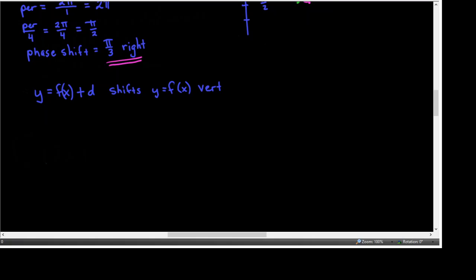And if you think about it, that makes sense, because you're getting the output for your function and then adding something to it. So you're adding to the y value that f of x would have given you. So if you add to the y value with a positive number, that's going to move it up. And if you add a negative number to it, that's going to move it down. So when d is positive, it shifts up.